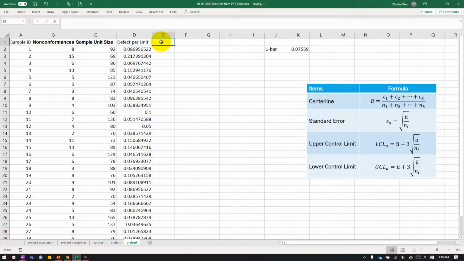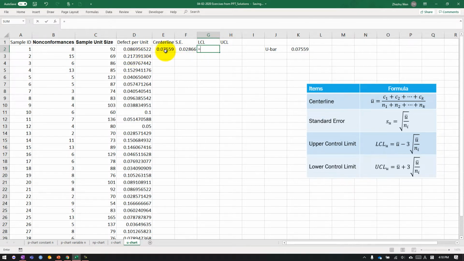With that, let's plot the center line first. The center line here is U bar. Then you plot the standard error. The standard error will be the square root of the center line U bar divided by the sample size, which is 92 here. Then let's do the lower control limit and the upper control limit.